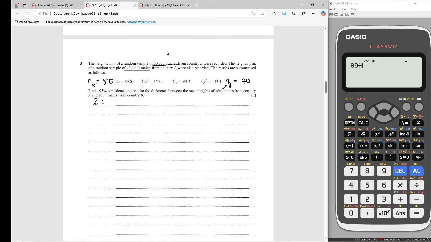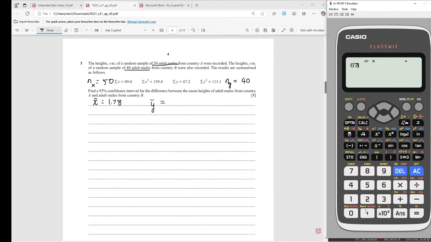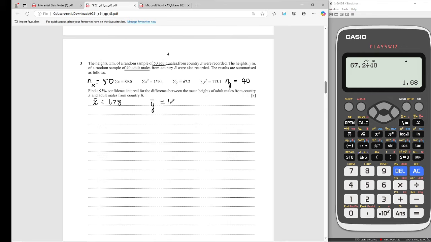Okay, so 89 divided by number of terms of x, which is 50, 1.78. And as for mean y, it is equal to 67.2 divided by number of terms of y, which is 40, and you get 1.68. That's your value for mean y.